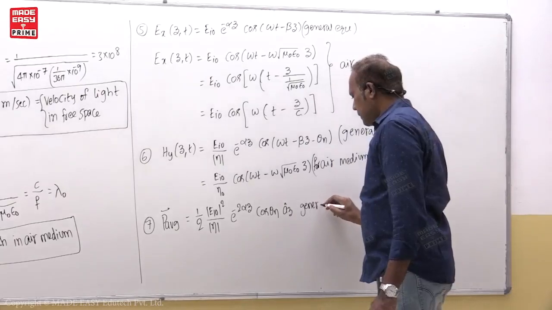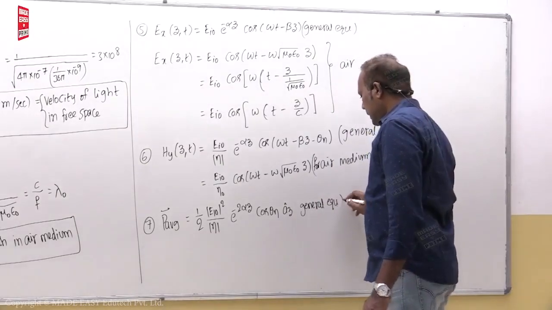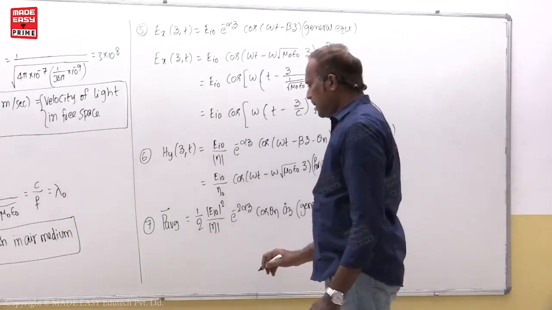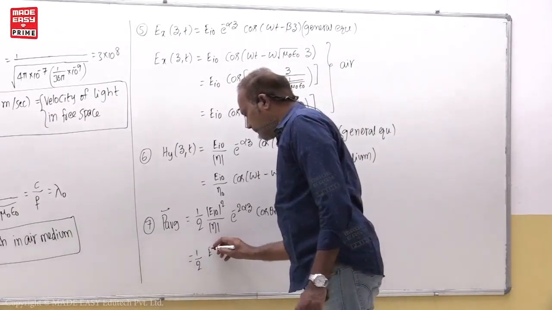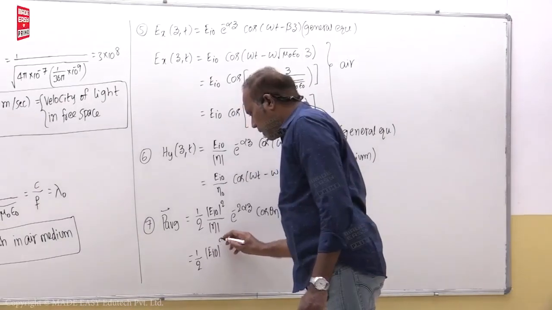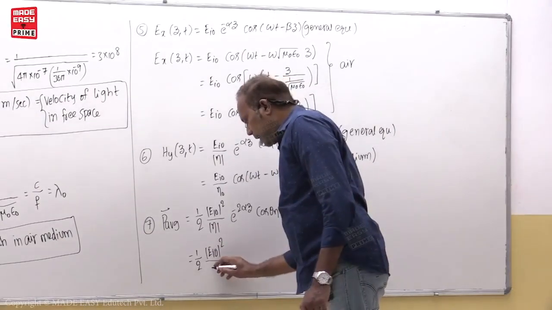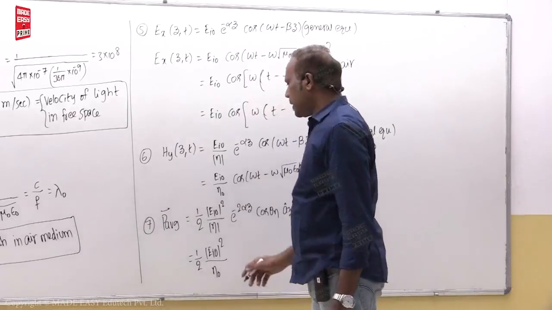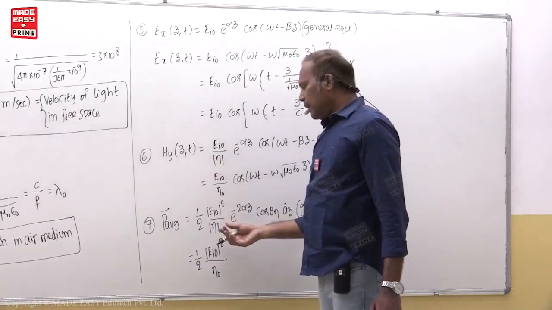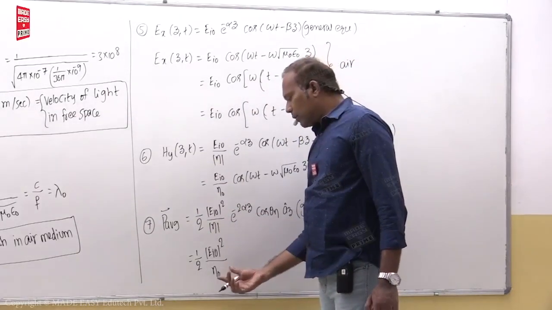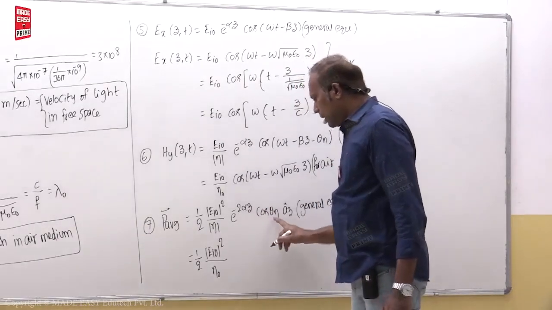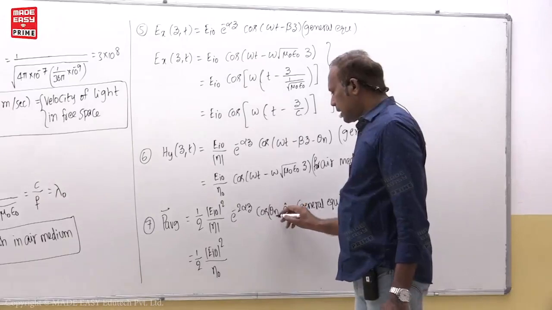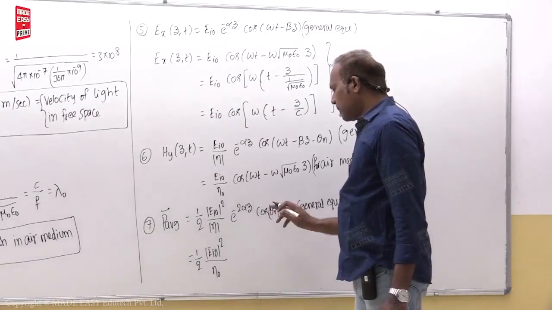This is the general equation. Now this half Ea0 square by mod eta is nothing but eta naught, because that was real. In case of real, magnitude and without magnitude both are the same, and alpha is 0, e power 0 is 1, theta eta is 0, cos theta eta becomes cos 0 becomes 1.